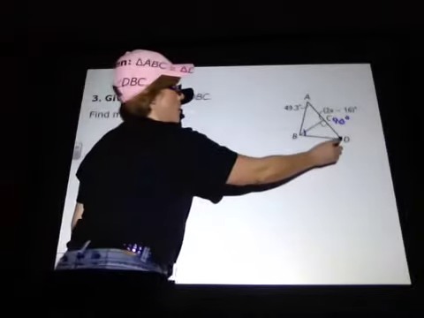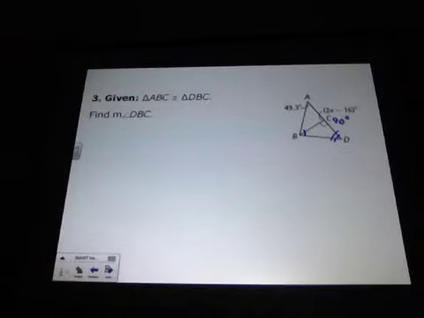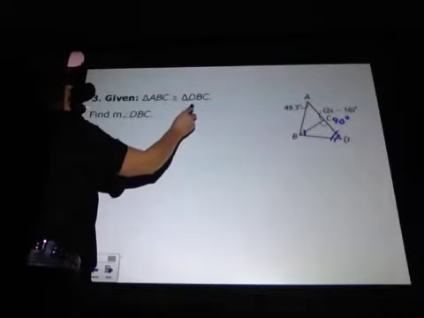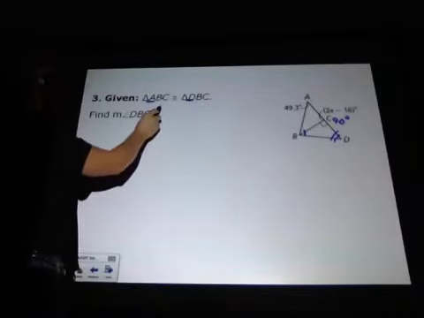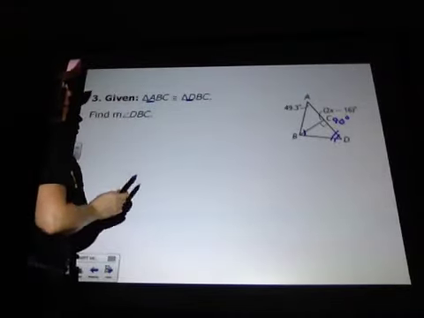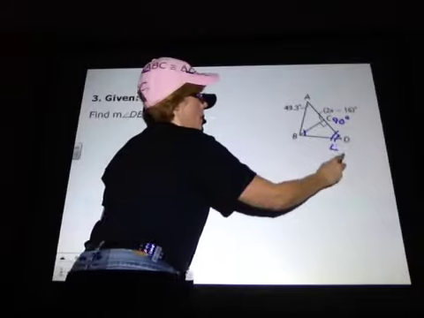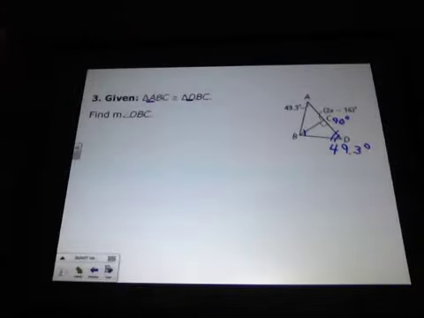Do we know the measurement of this angle right here? Well, we should. Why? Because angle D is congruent to angle A because of your congruency statement here. And the measurement of angle A is 49.3 degrees. So the measurement of angle D is also 49.3 degrees.